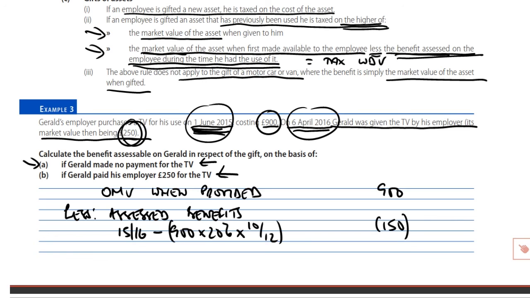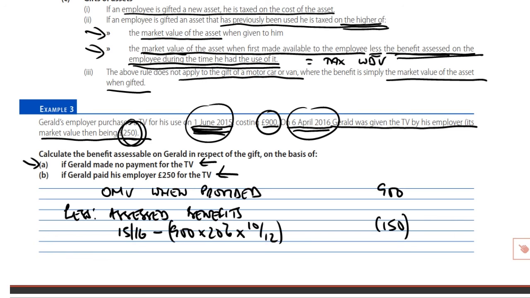As it was transferred on the 6th of April 2016, there's no equivalent annual benefit to work out during the 2016-17 year. If, for example, it hadn't been transferred on the 6th of April, but had been transferred on, say, the 1st of July, that would have meant for April, May and June, you would be computing again an annual benefit, just as you've done here, but now for 2016-17.